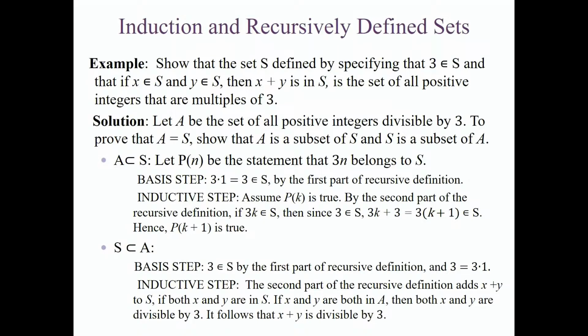We can expand this set, it becomes larger and larger, but all elements are multiples of 3. So in this example, once we have the set S based on the recursive definition, we need to prove the set is equal to the set of all positive integers that are multiples of 3.